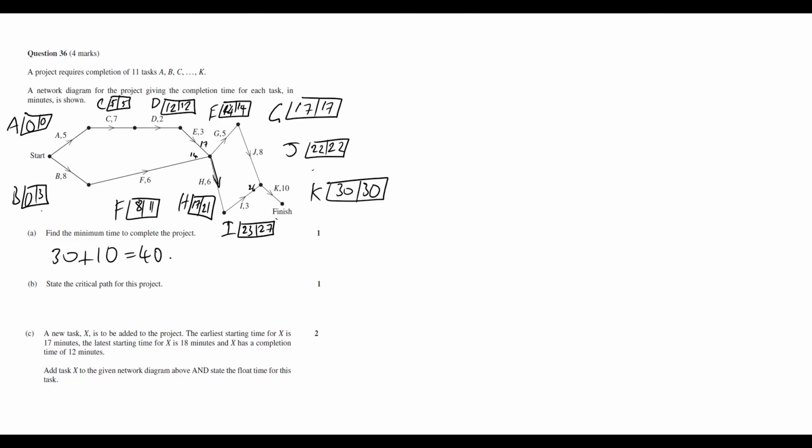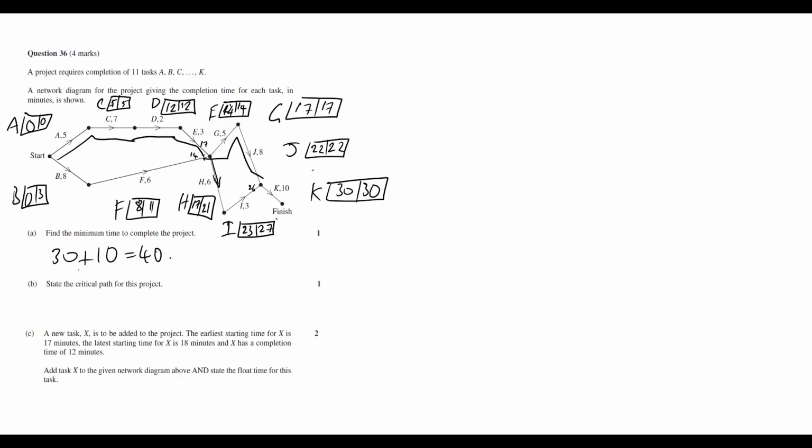So let's go through and figure out the rest. So the critical path for this project, that's going to be the path that we can't delay. The path that we can't delay, we see goes from A to C, C down to D, and then E, and then which one can't we delay? Well, it's the top path here. So G, J, K. And so it's a little bit tricky to try and follow that through the diagram.